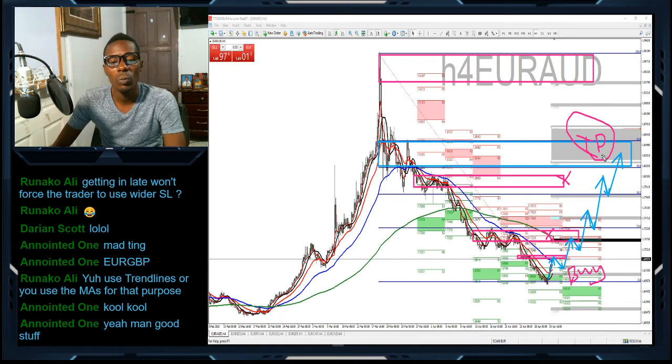With this move going up, this would need the Aussie to get weak and the pound to get strong. That would more often lead to a risk off scenario.